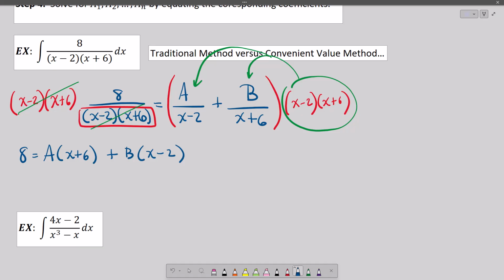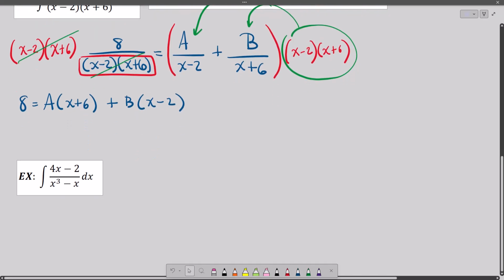Good? Okay. So this whole green blob is coming to the A, coming to the B. The x minus 2's cancel there. The x plus 6's cancel there. So we've cleared the fractions by multiplying by the least common denominator. This is linear. We can solve it. I know we can.